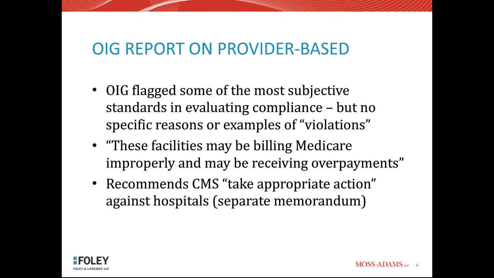You're supposed to use 19 for off-campus and 22 for on-campus provider-based. And sometimes we've even found our provider-based facilities billing place of service 11, which indicates a freestanding entity, and then no facility charges billed. So then the OIG wants CMS to take appropriate action against the select number of hospitals, the sample of 50 that the OIG says was out of compliance.